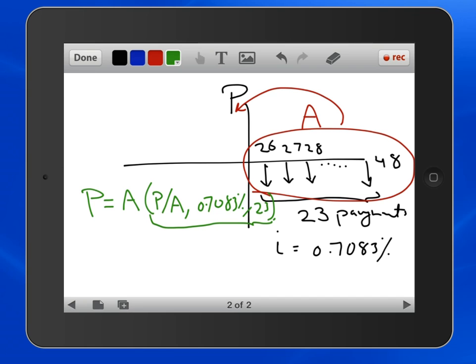So this is the factor that you find in the back of the book, but since we don't have the exact value in the back of the book, you can use the mathematical calculation.